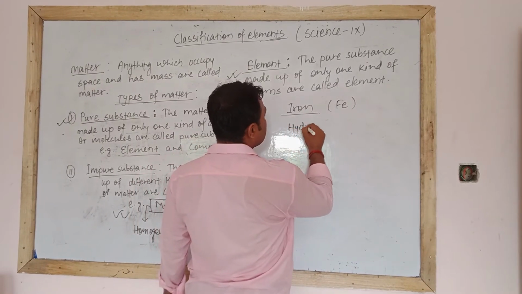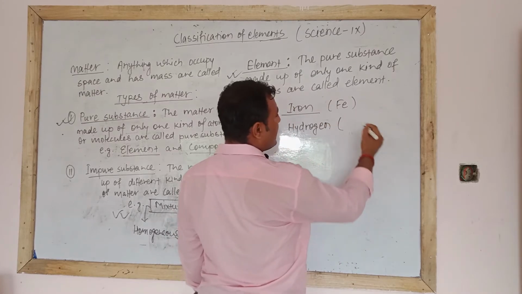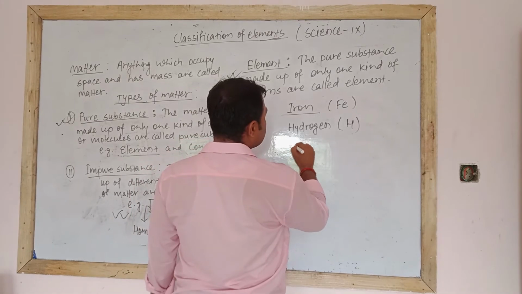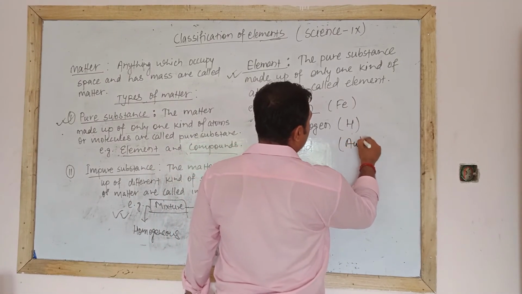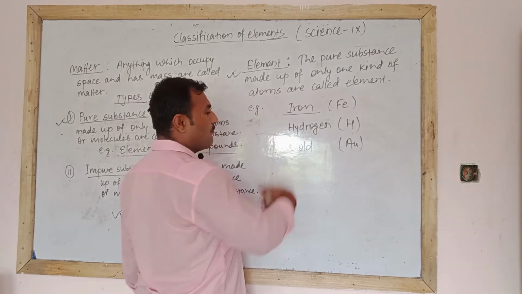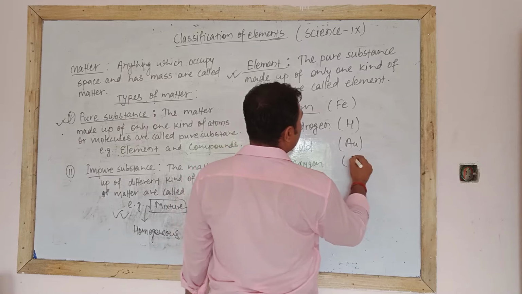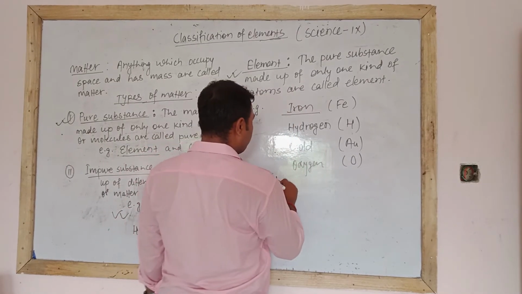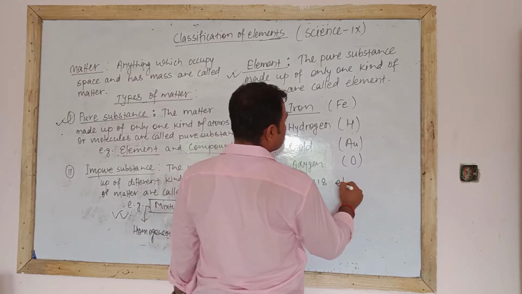Similarly, hydrogen is an element because it contains only hydrogen atoms. Gold is an element because it is made up of only gold atoms. Oxygen is an element because it contains only oxygen atoms. About 118 elements are known.